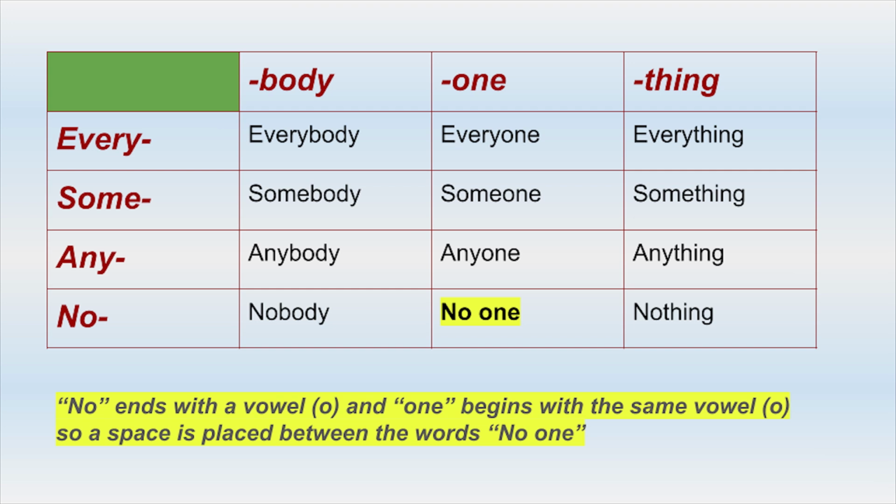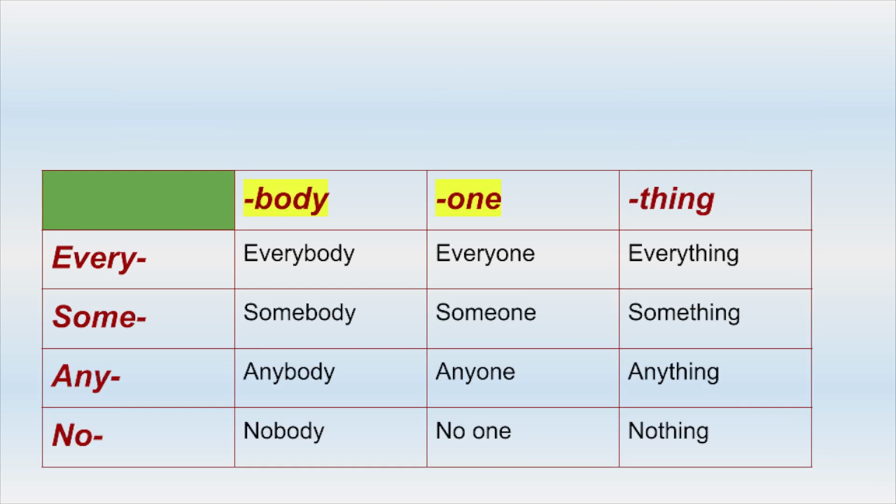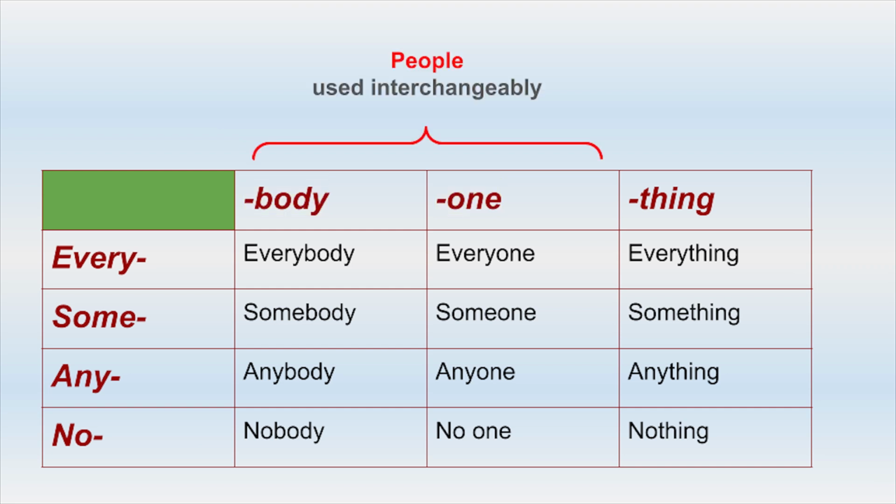So no one is written as two words. Indefinite pronouns ending in body and one refer to people and are used interchangeably. Those ending in thing are used for objects. Let's go through them individually.